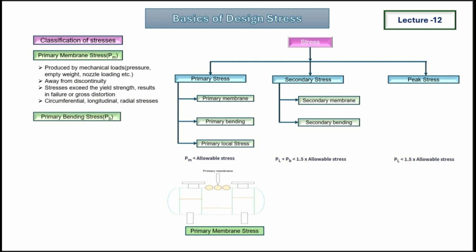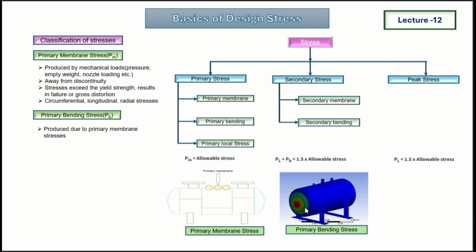Next one is primary bending stress. Generally, bending stresses occur due to mechanical loadings only, but these loadings act at some distance from the center of gravity. This is produced due to primary membrane loads only.